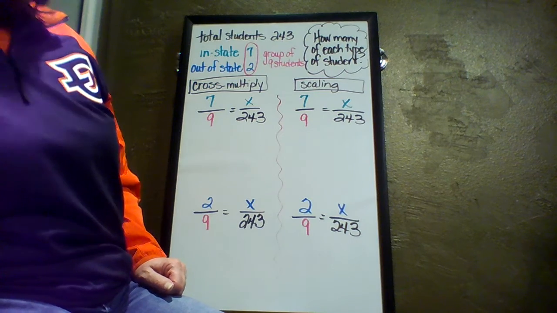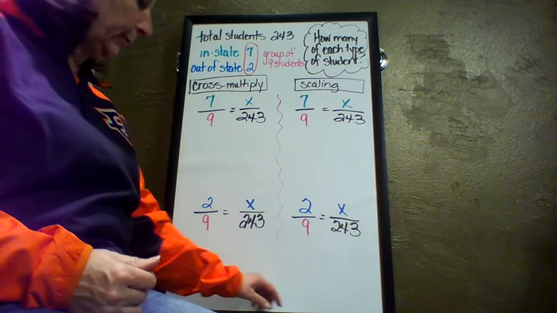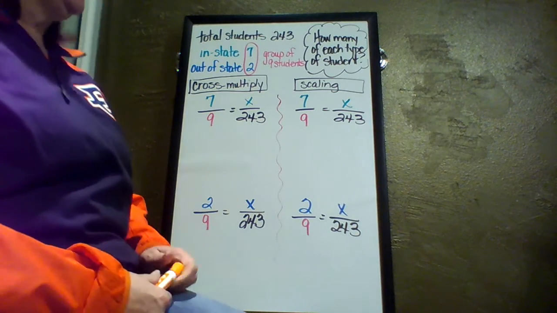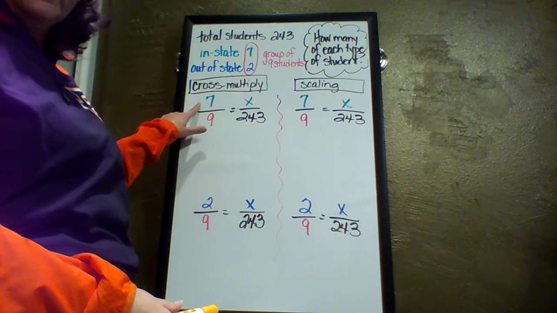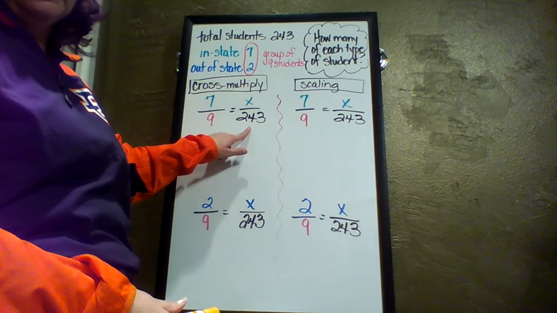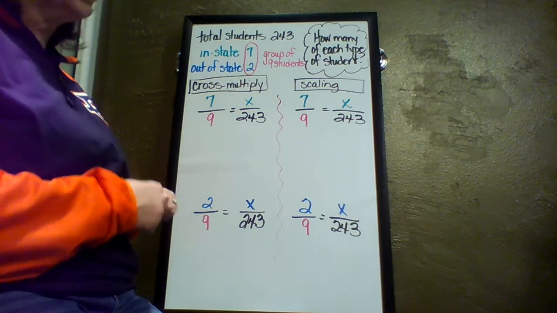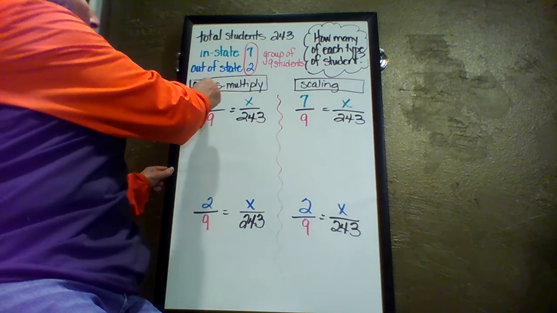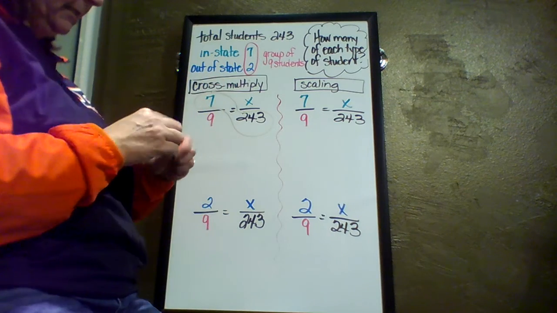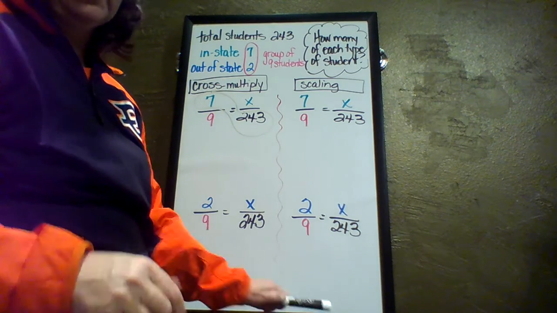All right. So if I'm going to cross multiply, in your notes, if you remember, it said that I'm going to take the numerator from the first fraction and multiply it by the denominator of the second fraction. So that means I'm going to take 7 and multiply times 243.